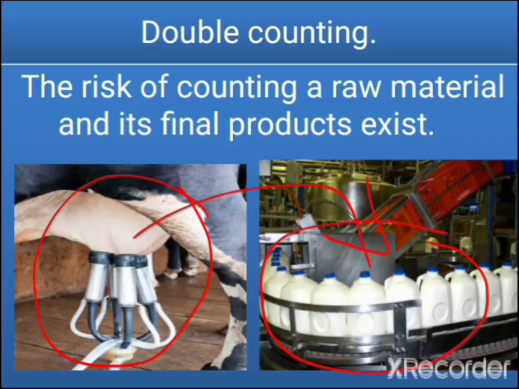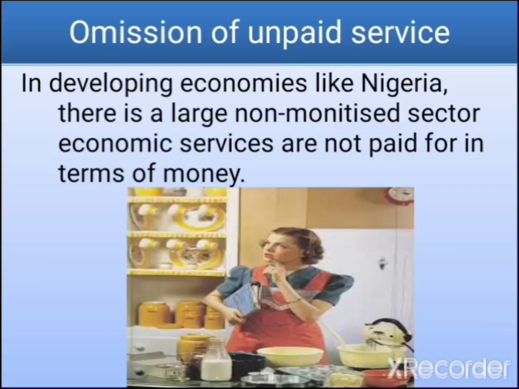So there is a high risk of double counting. What is a finished product in one industry can be a raw material in another industry. So if we count the finished product for that industry, and we now come to another industry where that finished product is a raw material and we also count it, we have counted the commodity twice. So this is another problem with the output approach.